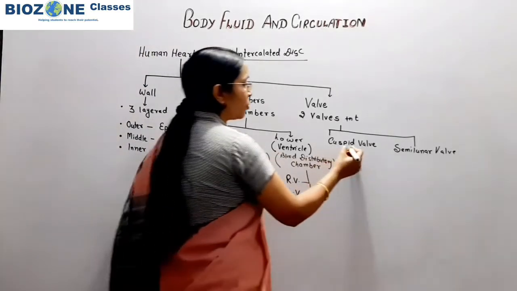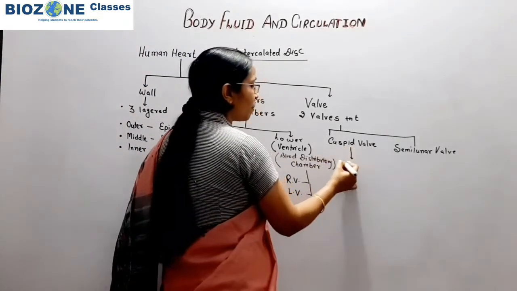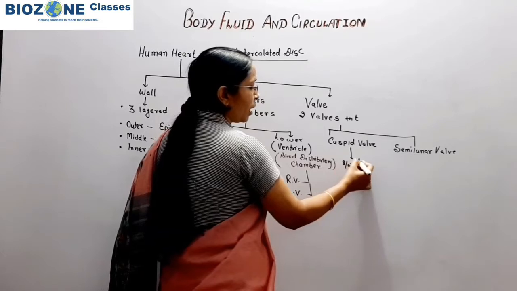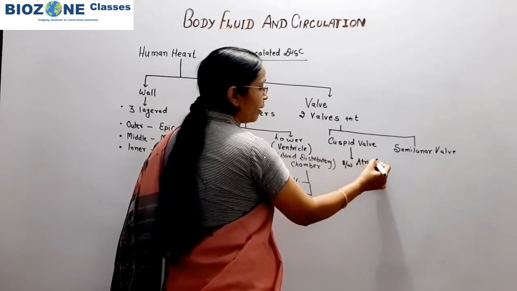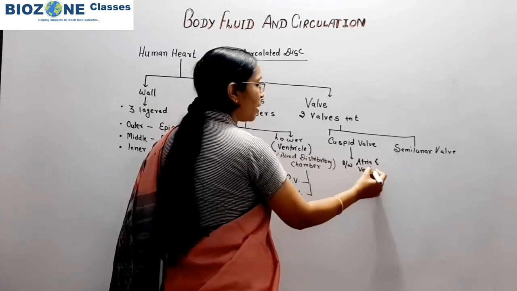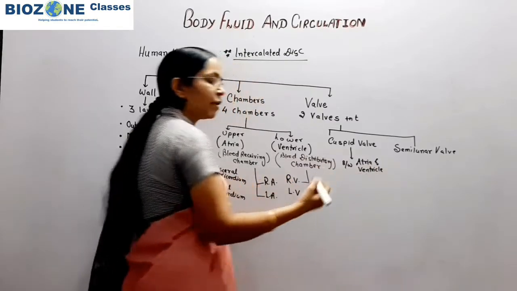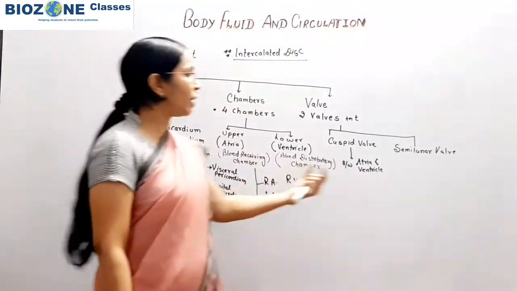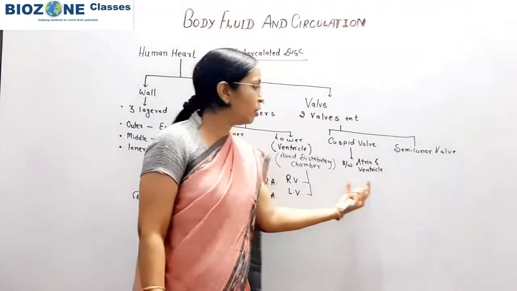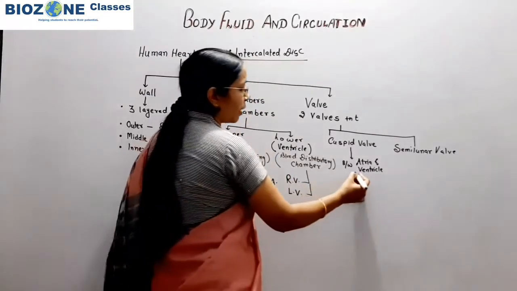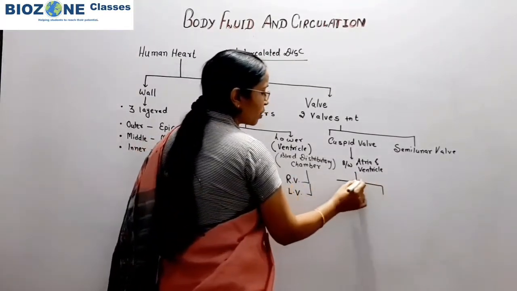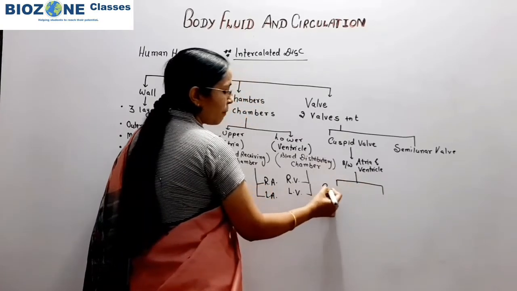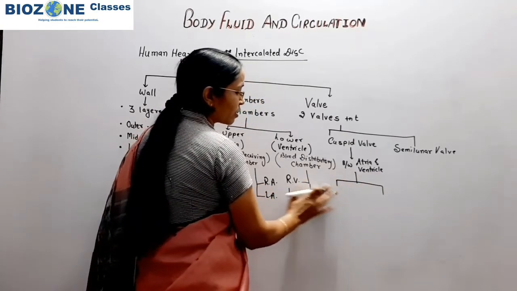So cuspid valves you remember are present between atria and ventricles. Now you have 2 types, right atrium and left atrium, right ventricle and left ventricle. So the cuspid valve, depending on their position, is further divided into 2, the bicuspid valve and tricuspid valve.